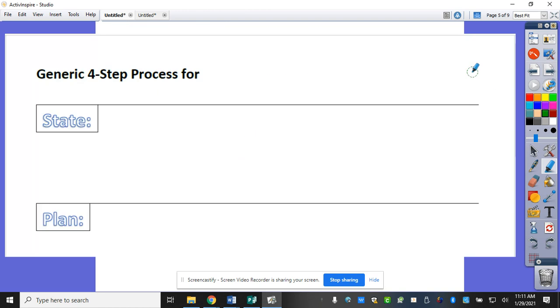So I want to make sure that we're all going to label these the same way. I want this to be the generic four-step process for using sampling distribution of p hat to find probability.